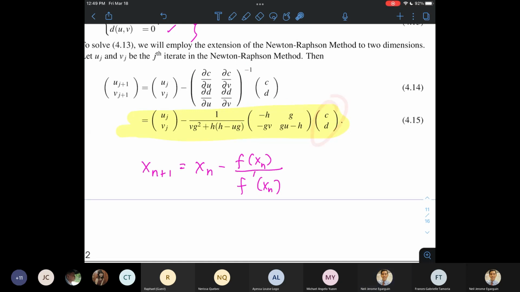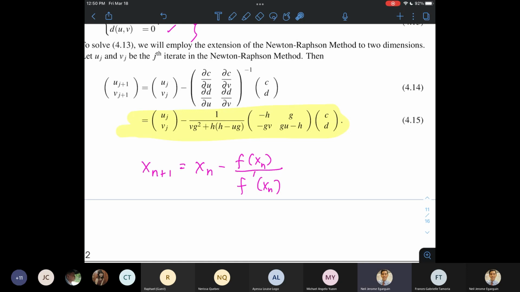Times CD. Okay. So this is a matrix, this is a vector, this is 2x2. This is 2 by 1, so this matrix product is well defined. Tapos ito ay magiging 2 by 1 times a constant, so 2 by 1 pa rin, 2 by 1 minus 2 by 1, 2 by 1 pa rin. So the dimensions will agree. Okay? So familiar naman kayo sa matrix multiplication, no? Sa matrix algebra. So you just need to encode 4.15.